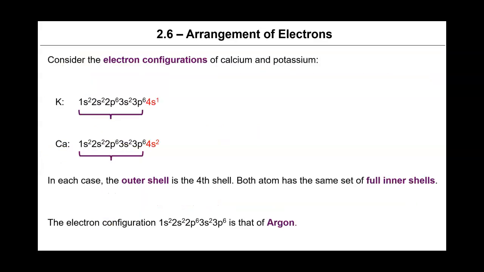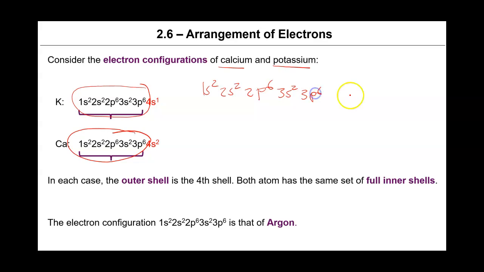So if we look at the electron configurations of calcium and potassium, well, we can see that the electron configuration for the first 18 electrons is exactly the same. This electron configuration, 1s2, 2s2, 2p6, 3s2, 3p6, is the electron configuration for the noble gas argon.